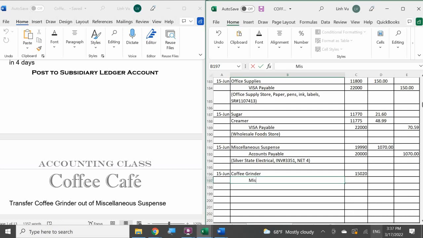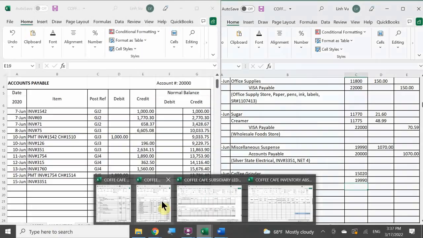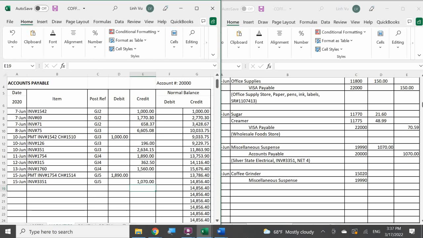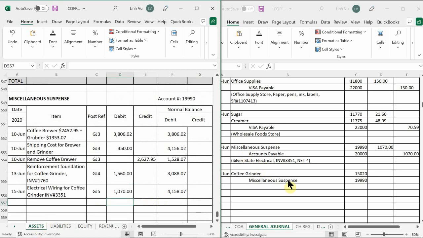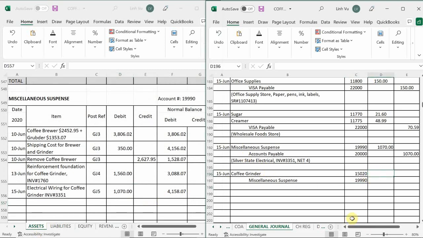We're taking it out of miscellaneous suspense. Okay. Now, how much is my coffee grinder? For what amount am I going to be taking out from my miscellaneous suspense account? $4,158.07.